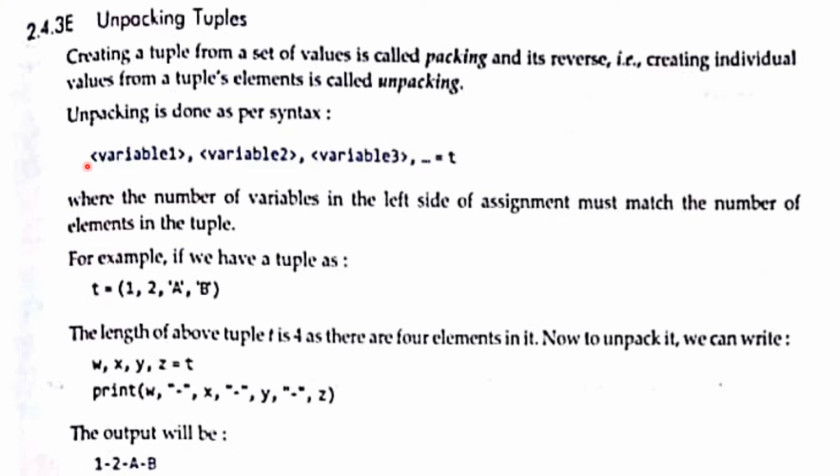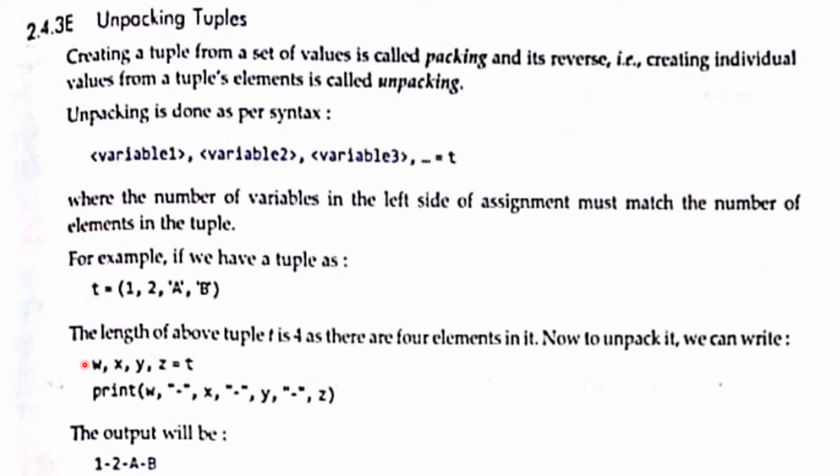See the example: variable 1, variable 2 and variable 3. The number of variables on the left side of the assignment must match the number of elements in the tuple. So if the tuple contains 4 elements, these 4 elements should be assigned to the 4 variables given on the left hand side.